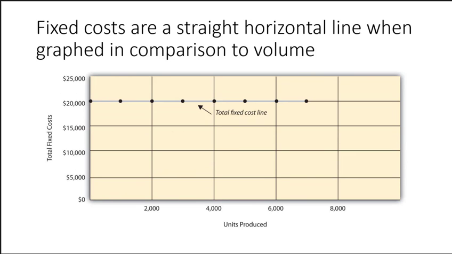So fixed costs, on the other hand, even if you make 0 bicycles, your rent on the building is the same. And if you make 4,000 units, your rent on the building is the same. It is a straight horizontal line. The same no matter what the volume is, up to a point. And we'll talk about that in a minute.